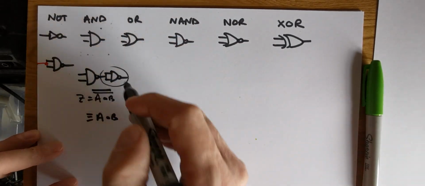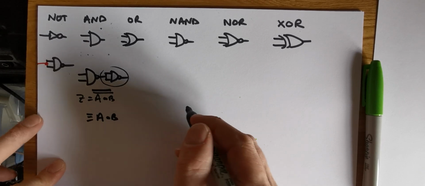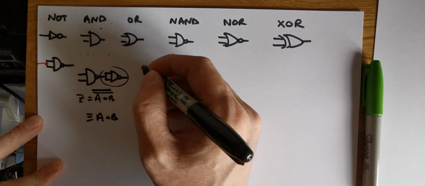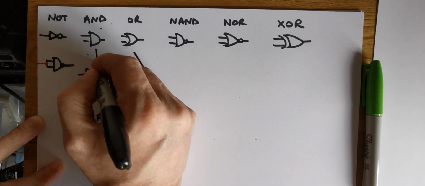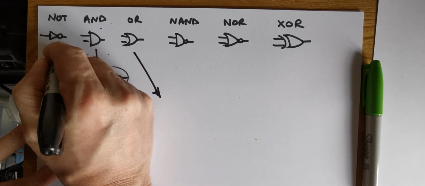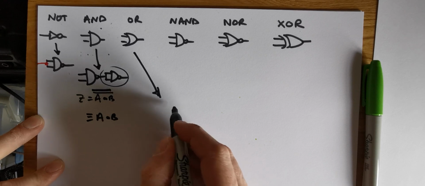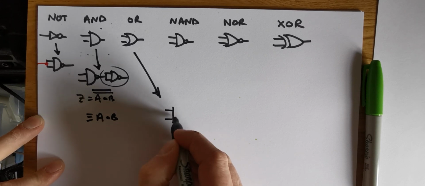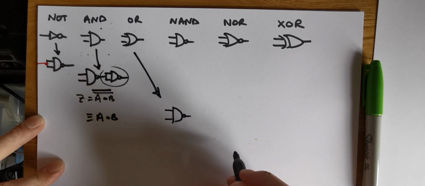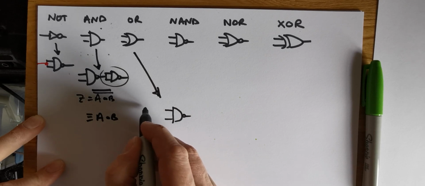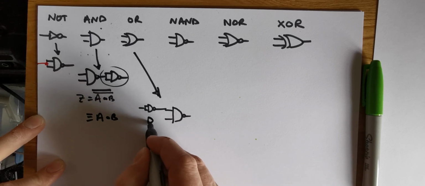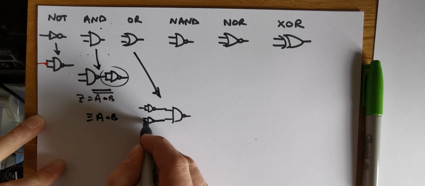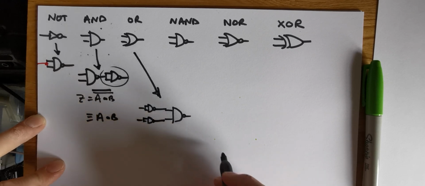Now an OR gate. I'm running out of space here, I'm going to have to go down here. Right, so down here, if we take a NAND gate and invert its inputs, and I'm only going to use NAND gates. There's a wee NAND gate there, inputs tied together.